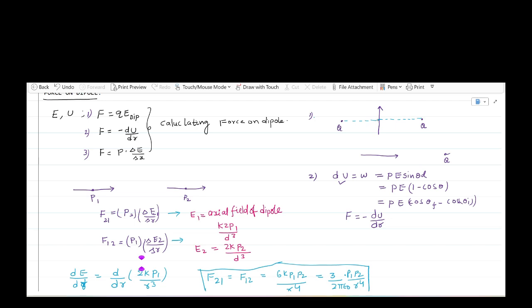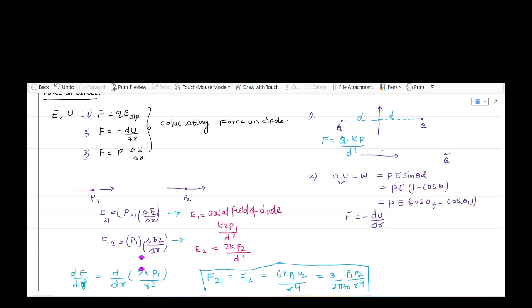That's why it is easy to find the field of the dipole, because it is on the equatorial line. Here the force is equal to Q into E of equatorial, that equals K P by d cube, where d means the distance. So this is the force part.